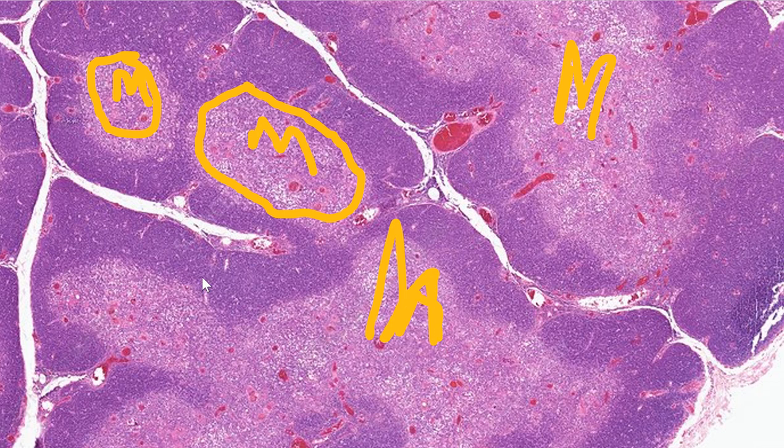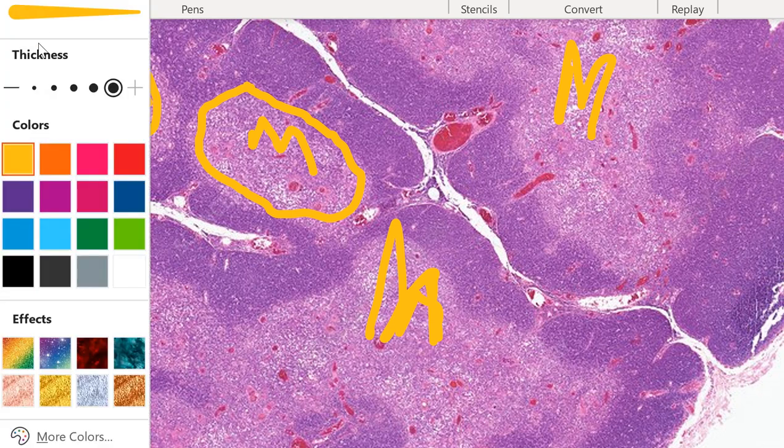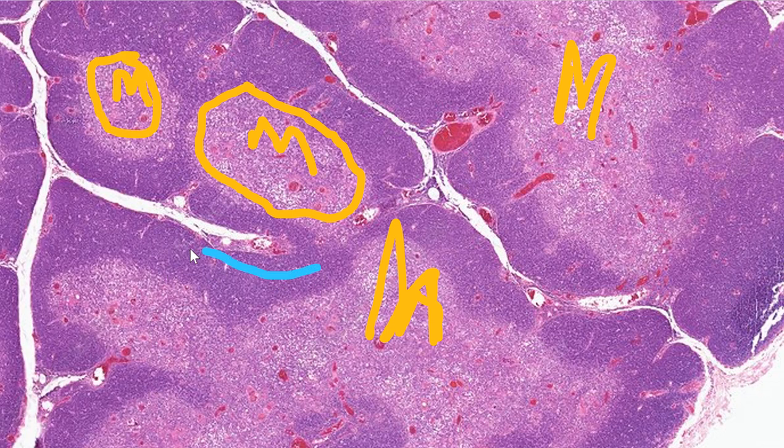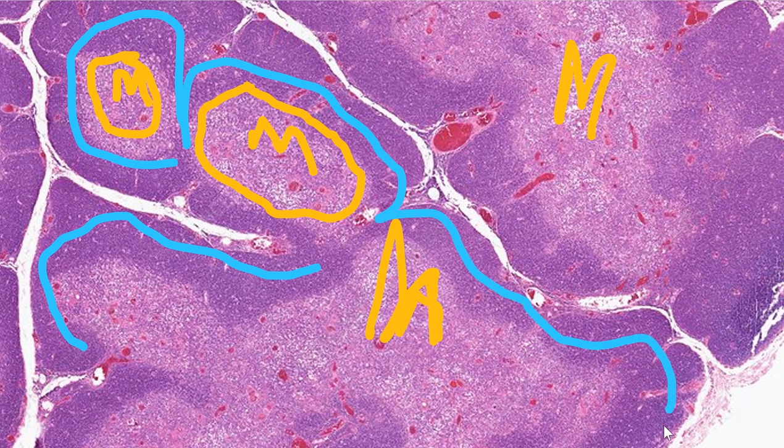Okay. And then our cortex is just going to be our darker portions. So all of this here would be cortex. All of this here would be cortex. Cortex, cortex, cortex. Okay?